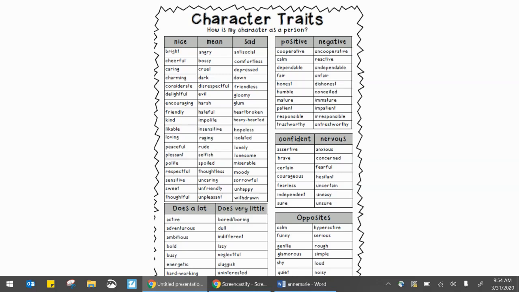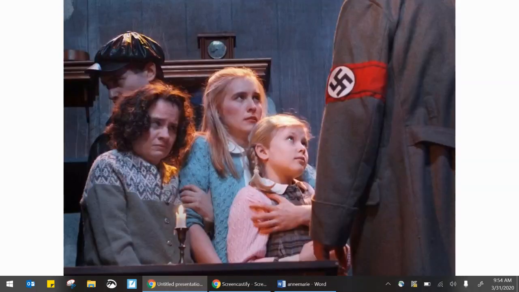I would love for you to pick a couple of words from this chart and see if you pick the same ones as me on the next slide. Here is a picture of some theater children who played these roles on stage. You can see Kirsty is the one in front of the Nazi soldier, Anne Marie holding her, and Ellen clutching her arm.